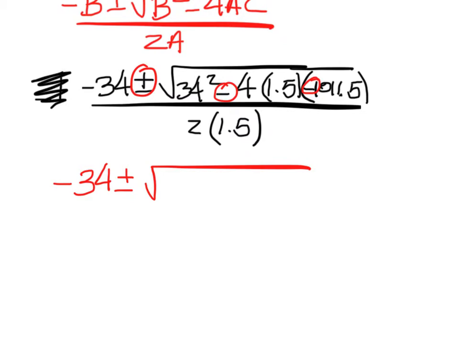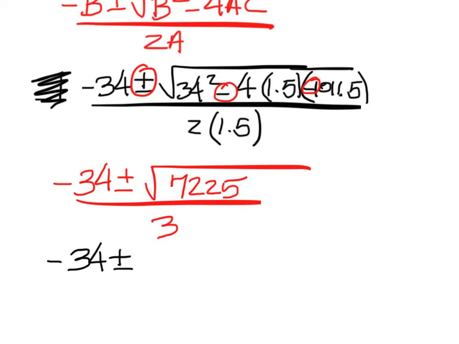So 34 squared, and then you're essentially going to add to that 4 times 1.5 times 1011.5 and come up with 7,225. And all of that is over 3. 2 times 1.5. The square root of 7225 is 85. So we'll replace that radical term and put an 85 in there.